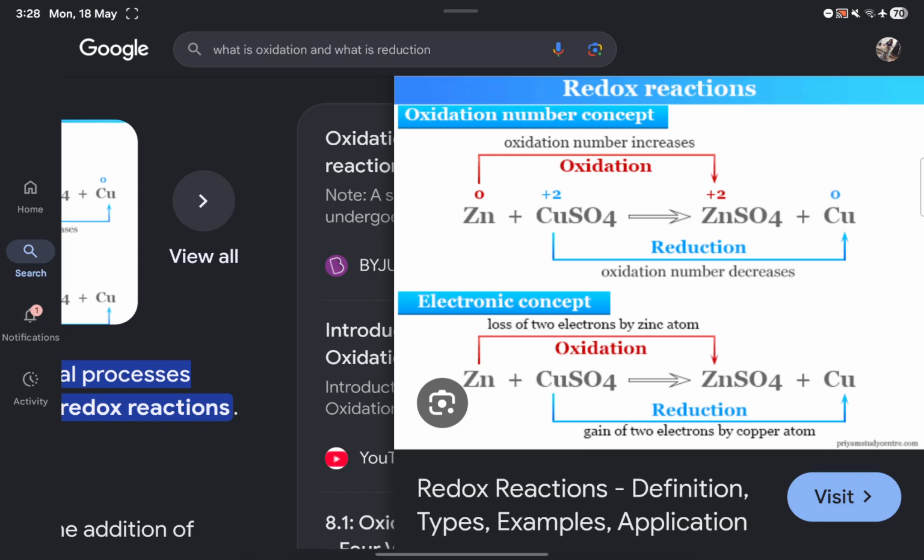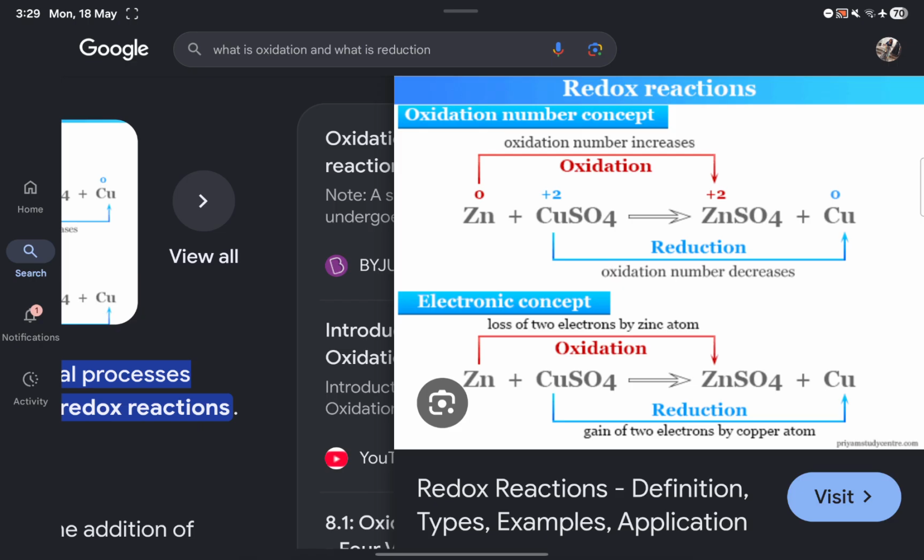Now when they separate ZnSO4, we'll get Zn2+ and SO4 2-, and CuSO4 goes from Cu2+ and SO4 2- to Cu0. We'll see the electronic concept.